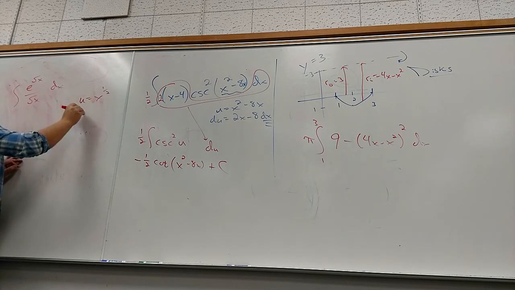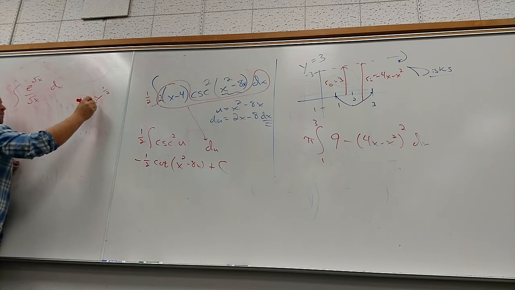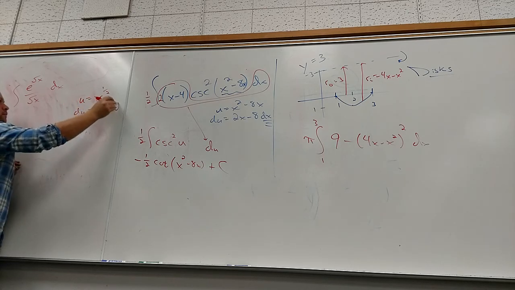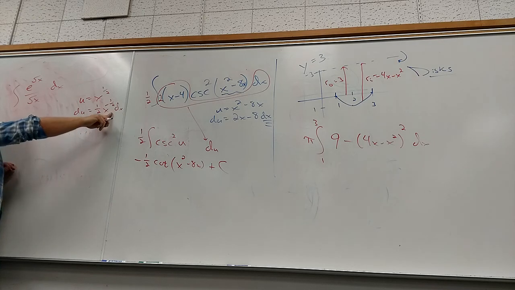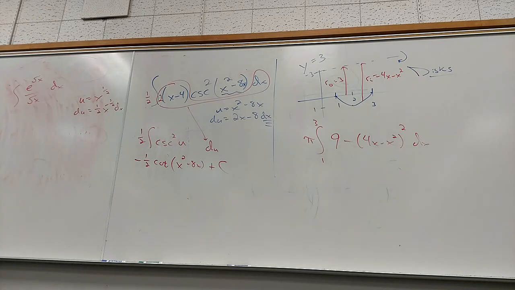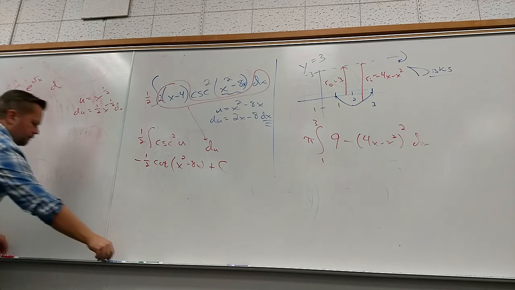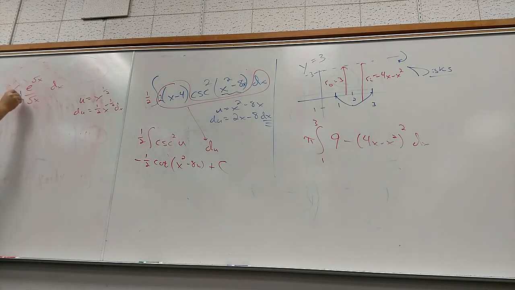What's du? Do I have part of this in there? Yes, absent a constant, which is never a problem. So what constant do I want to introduce inside? 1/2. So what? I better put a what outside? 2. Just balance it. Very chemistry-ish. Trying to balance it.